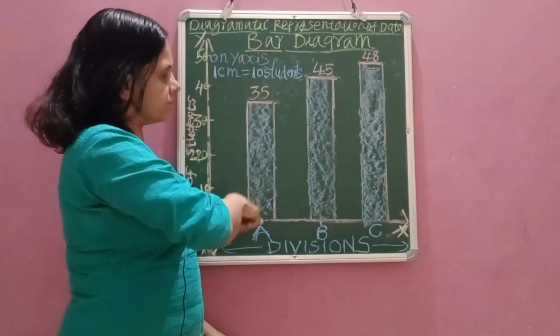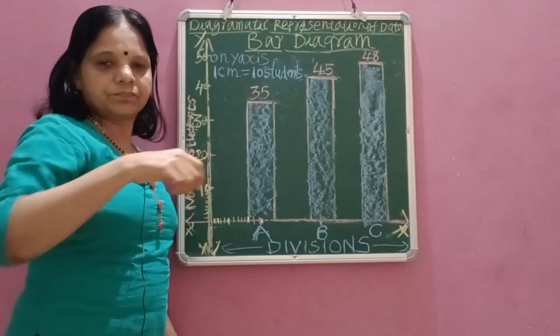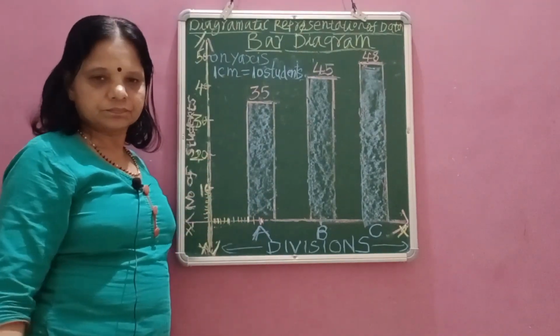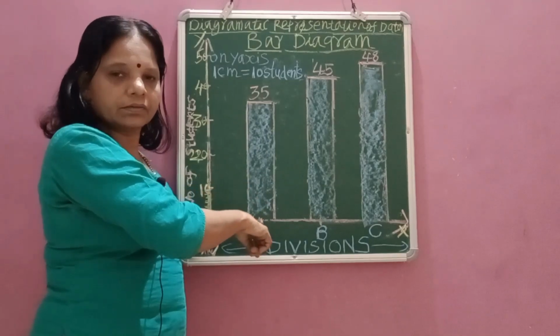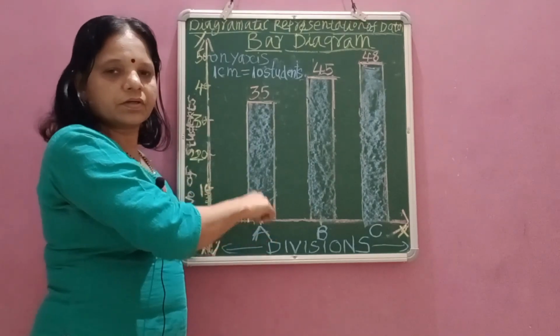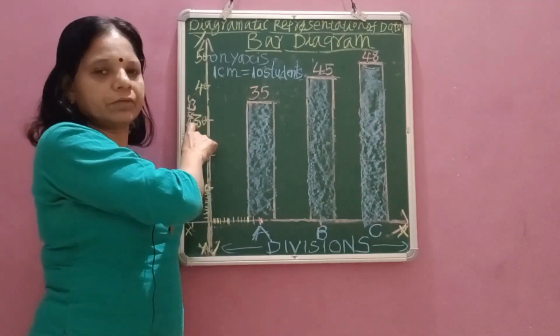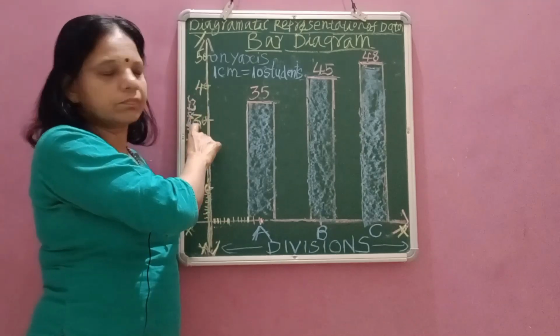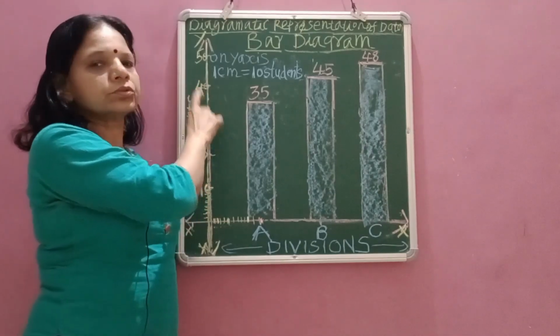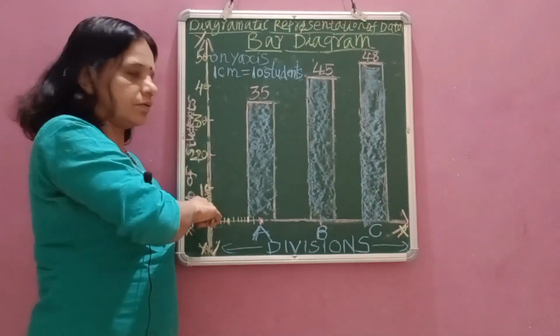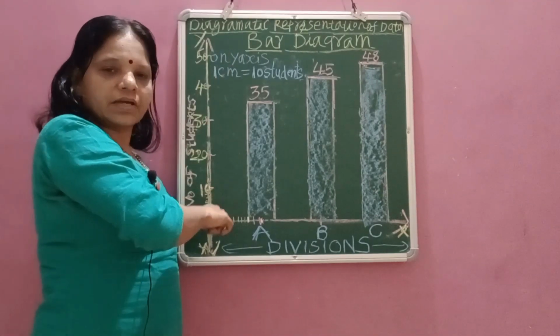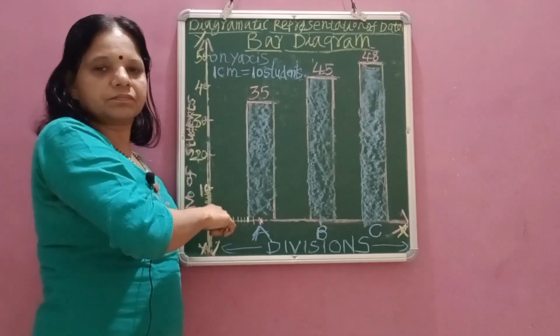And these bars are rectangular figures. The height of the bar represents the quantity of the information. Here the quantity of information is the number of students. So how will you represent the scale on the y-axis?